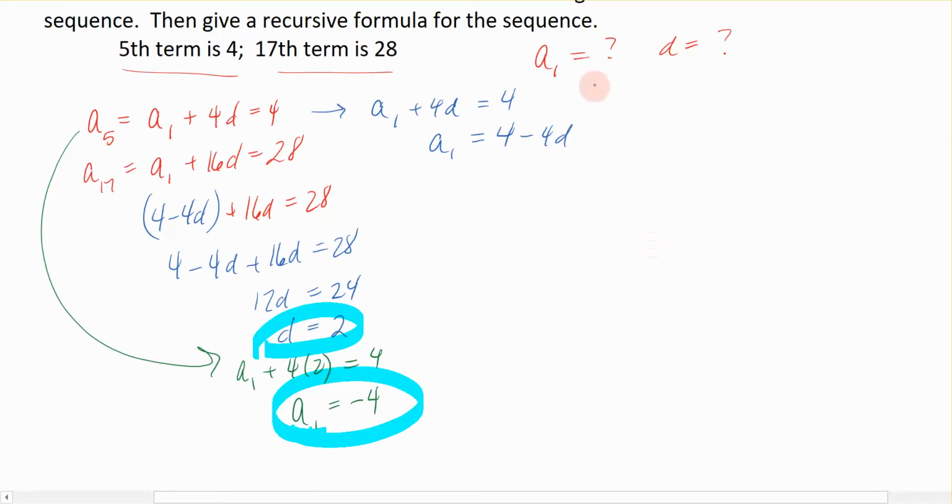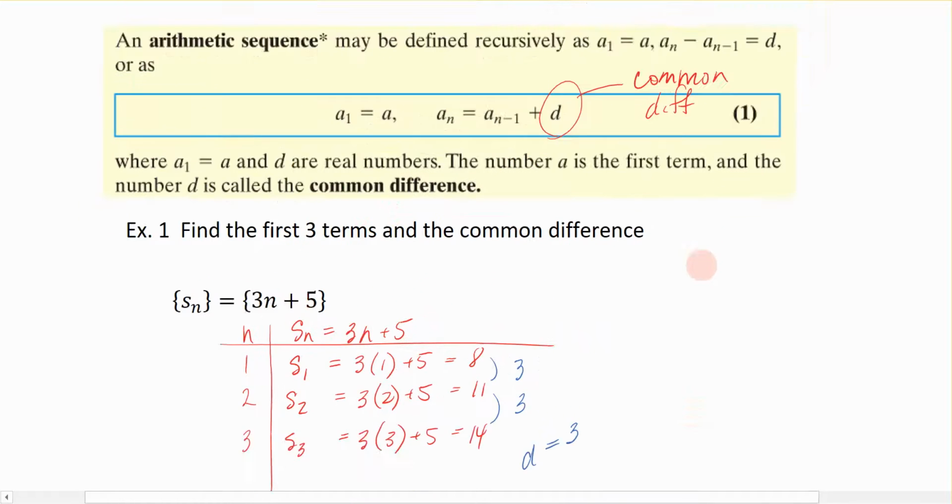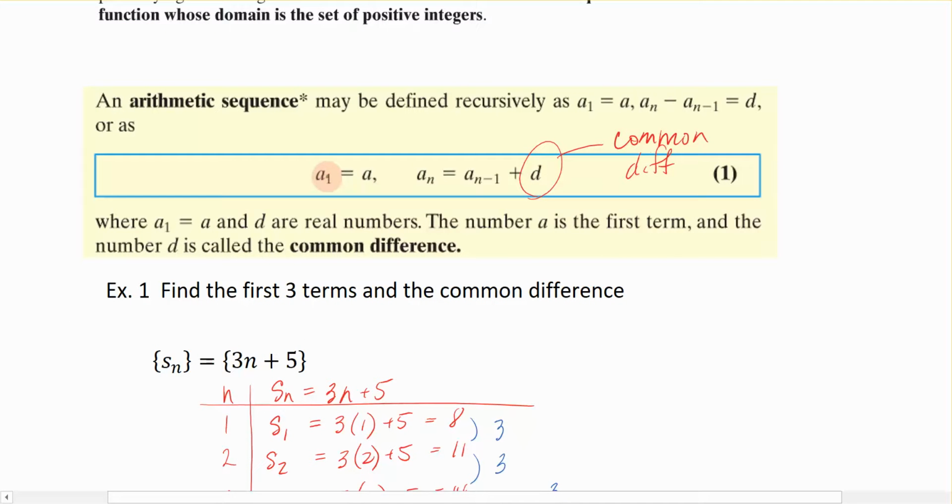Now the next thing that I want to do is give the recursive formula for the sequence. The recursive formula came from the formal definition that we had up here. So I know what a1 is now, and I am going to be able to write the general form of the nth term, given that I now know what d is.